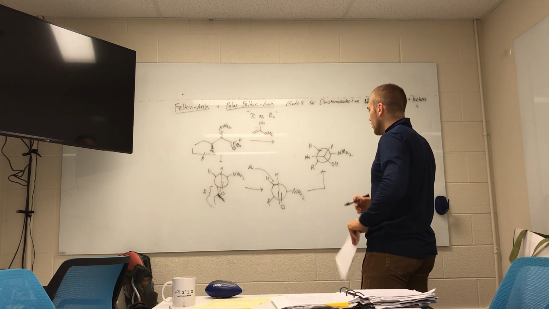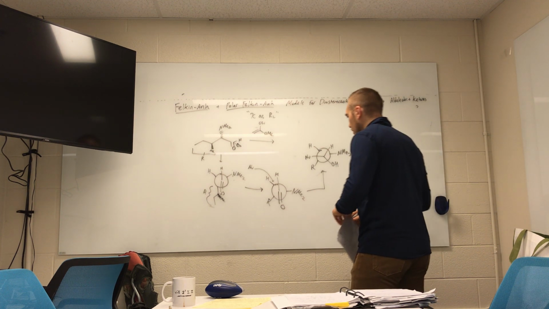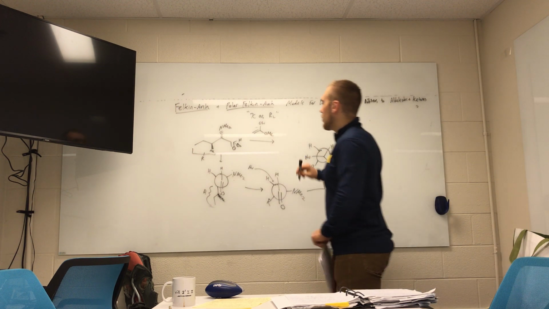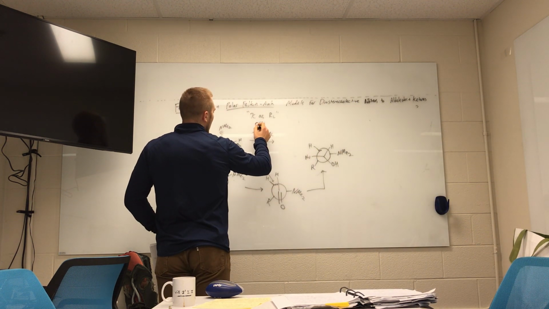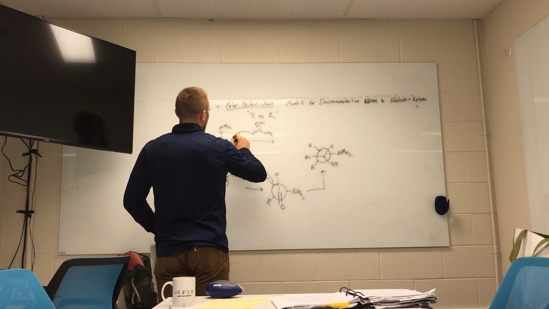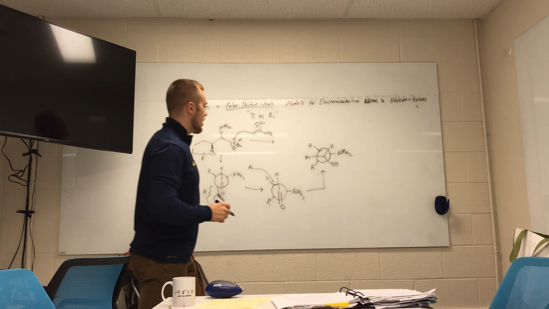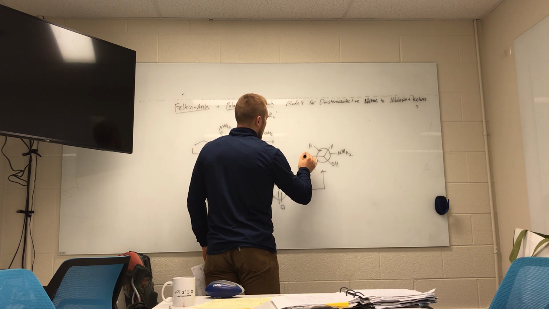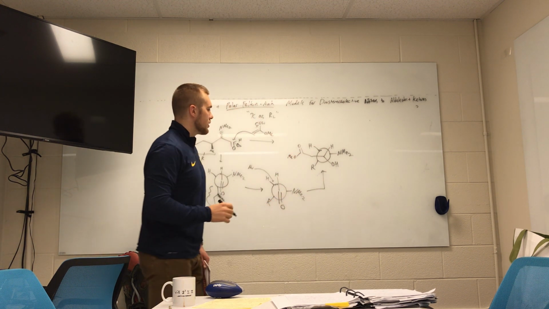Got office hours in 30 minutes, better hurry up here. We get this structure, our nucleophile. Remember, this is the enolate of an ester. So it actually is going to look like this. The methyl ester.